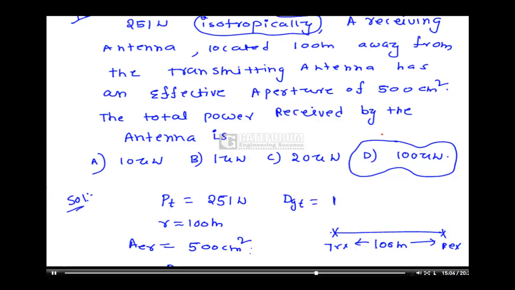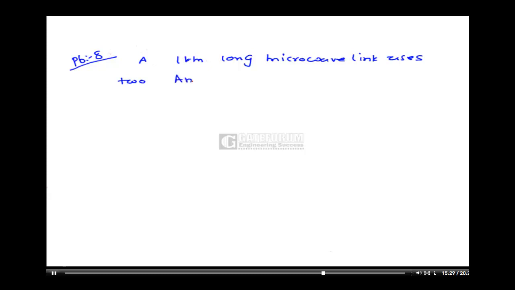Next is problem number 8. A 1 kilometer long microwave link uses two antennas, each having 30 dB gain.